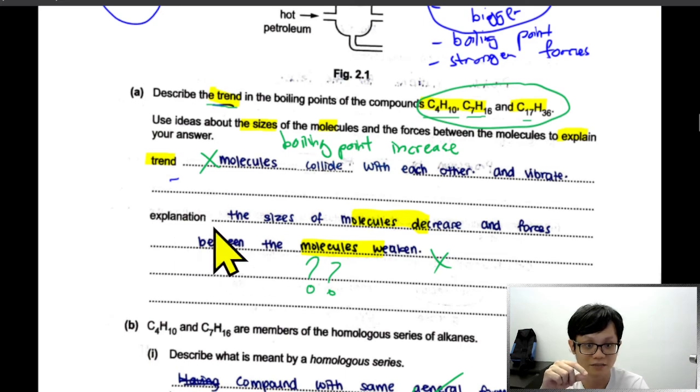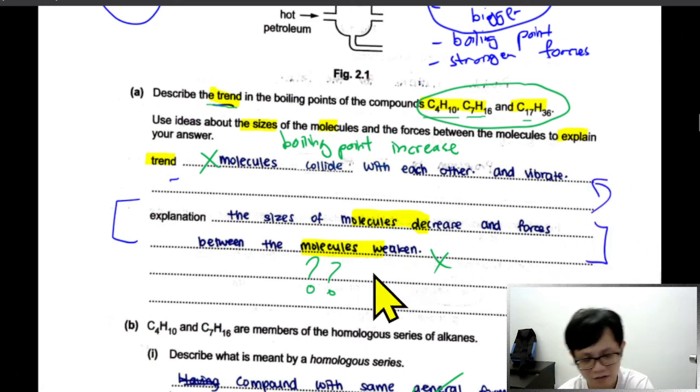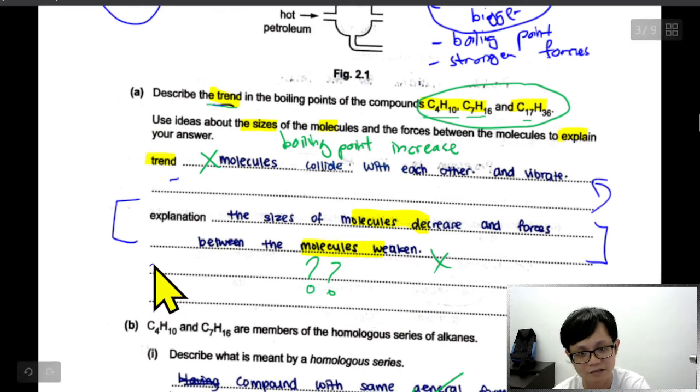Then explain, because the molecule size is small, so the forces are weakened. So this whole part is correct, but it is very difficult to link up there. So I don't want to say correct or wrong. But let's see what the correct answer is.